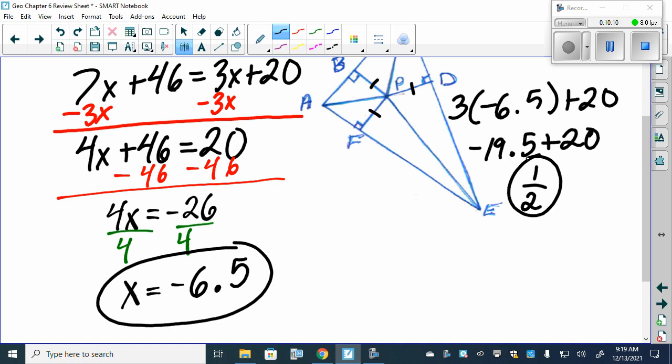And it actually works out, if we plugged it into the other equation, we would get 1/2. Because 7 times 6.5 is 45.5, which would have given us a negative 45.5 plus 46 would give us 1/2. So PF would be 1/2.